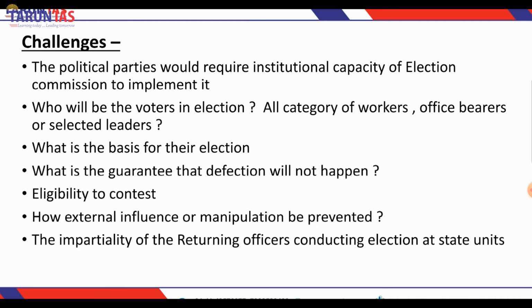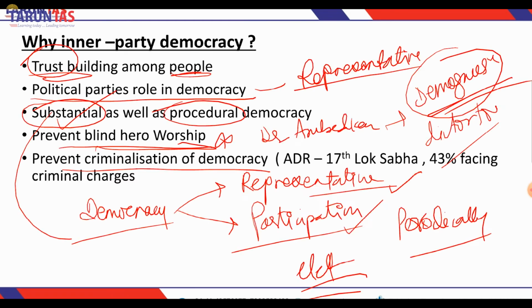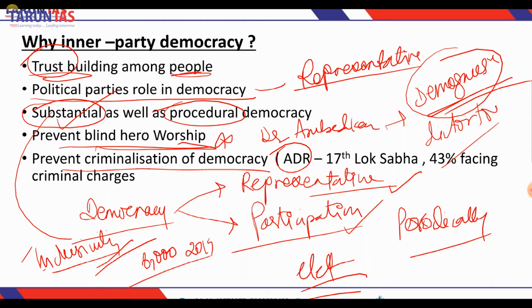And yes, of course, inner party democracy is also needed for inclusivity. Right. If I consider a statistic given by a survey, there were approximately 8,000 candidates who contested the 2019 Lok Sabha election, and out of these 8,000, approximately 700 were women.